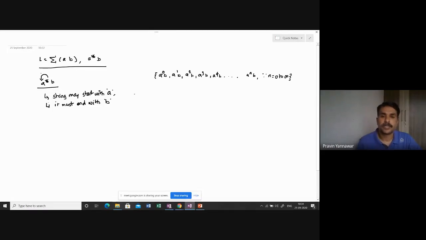Now I hope you understand. When I say it may start with A, A raised to 0 can be represented by epsilon B. So here it starts with B and ends with B only.